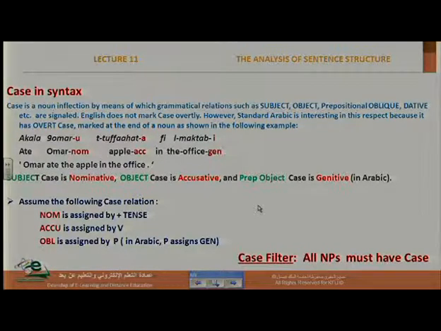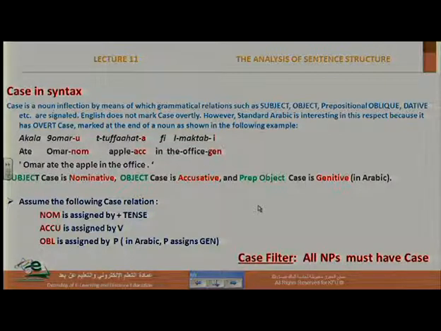English does not mark case overtly. This we have already noted before. However, standard Arabic is interesting in this respect because it has overt case marked at the end of a noun, as shown in the following examples. أكل عمر التفاحة في المكتب. Okay, ate Omar. Please note the transliteration.